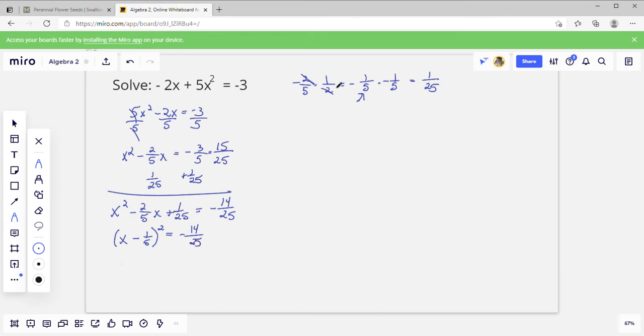Now we have to take the square root, so x minus 1/5 equals the square root of negative 14 over 25.